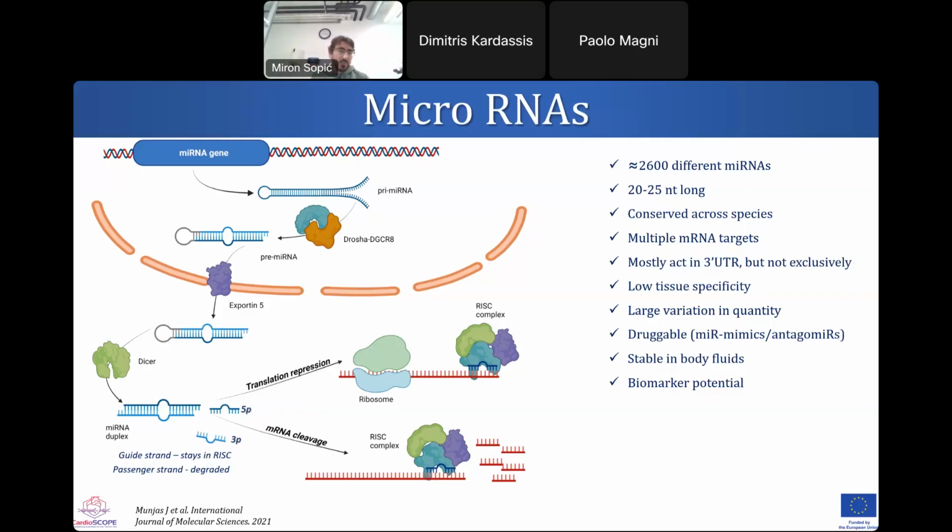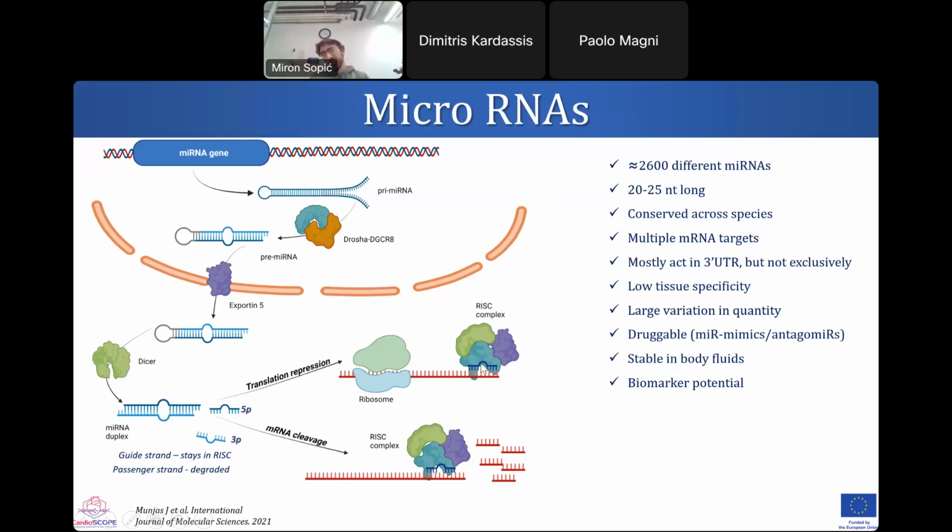Now you may ask me, okay, Miron, how does the RISC complex know which of these two scenarios is going to take place? Is it random? Can we know a little bit more about these two different outcomes? Well, it all goes to, I would say, the level of sequence compatibility between the miRNA and its target mRNA.